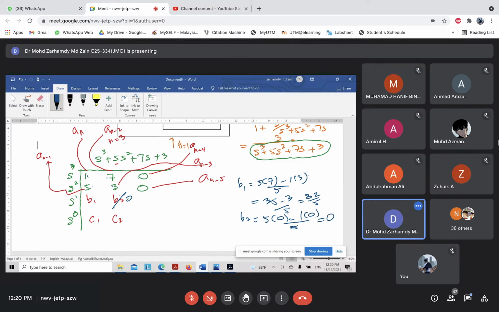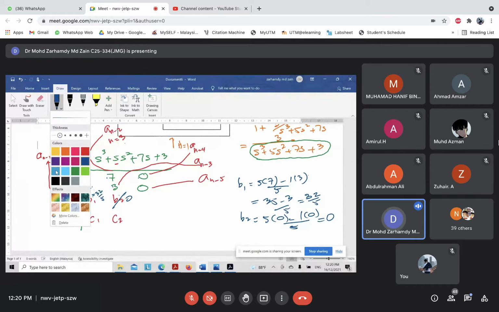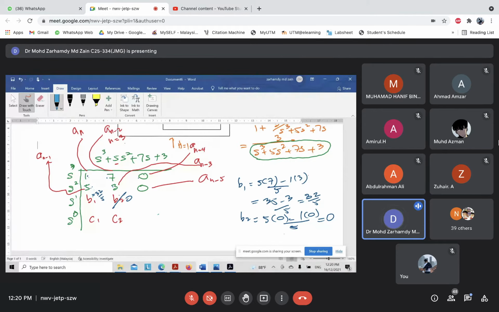Now B1 we get 32 over 5. Now we look for the value of C1. C1 is B1 multiplied by 3 minus 5 multiplied by B2, over B1.